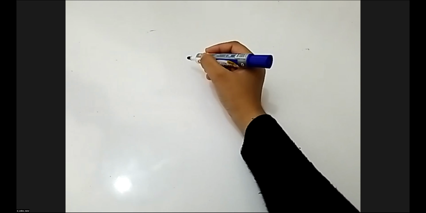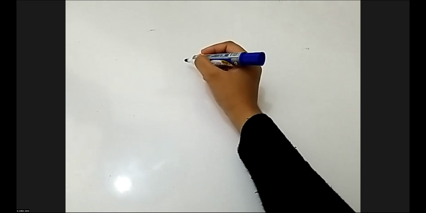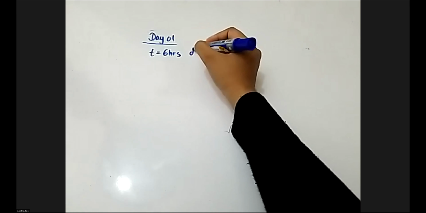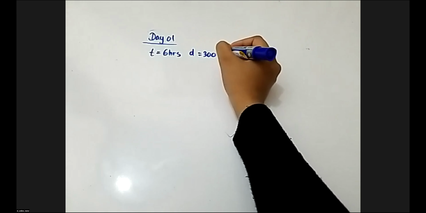Even me being a teacher, I still write the data. That's what my teachers taught me, right? What is the thing they have told? Right. Time. Okay, I'll take first day, day 1. Day 1. Time 6 hours. Distance 300.